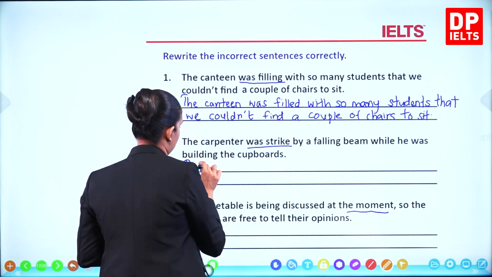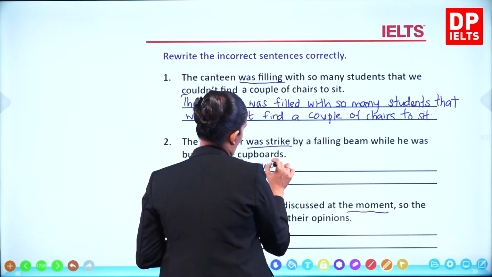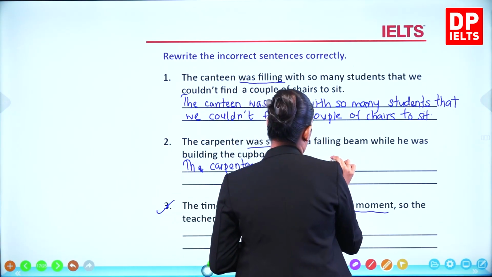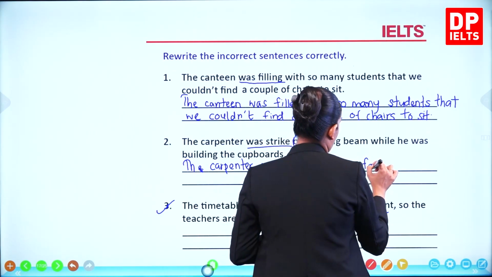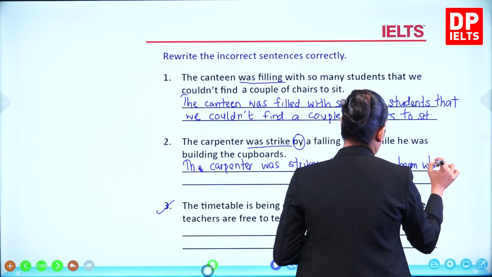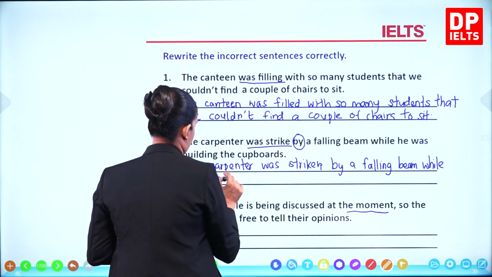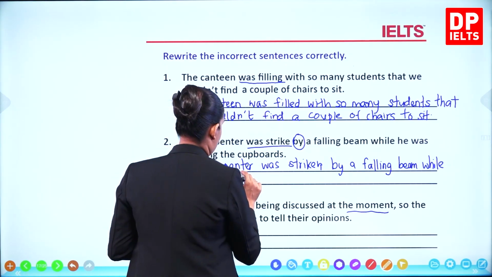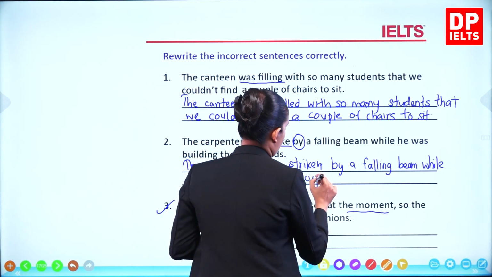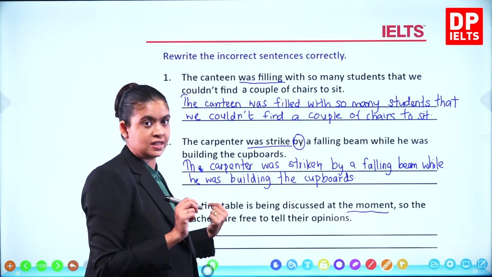So we can use the carpenter was stricken, because there is by, we know, by a falling beam while he was building the cupboards, right? Now the third one is of course correct, okay?